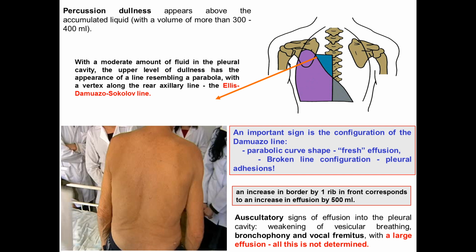An increase in the border by one rib in front corresponds to an increase in effusion by 500 milliliters. Auscultatory signs of effusion into the pleural cavity: weakening of vesicular breathing, bronchophony and vocal fremitus; with a large effusion, these are not determined.